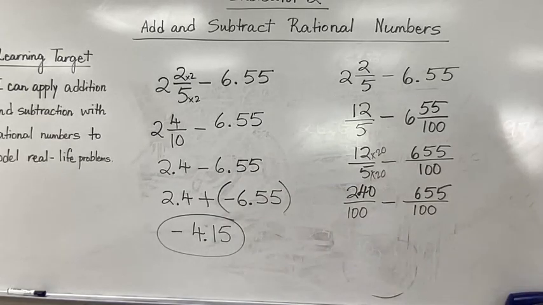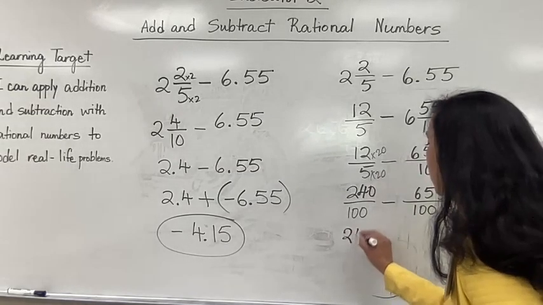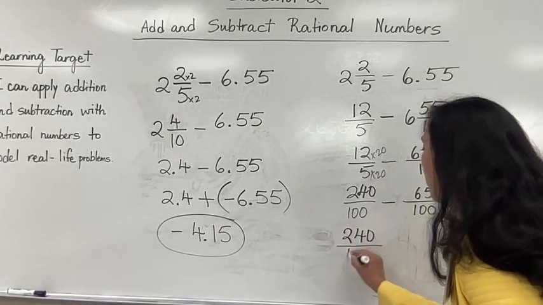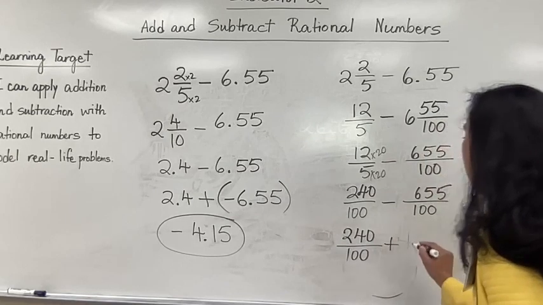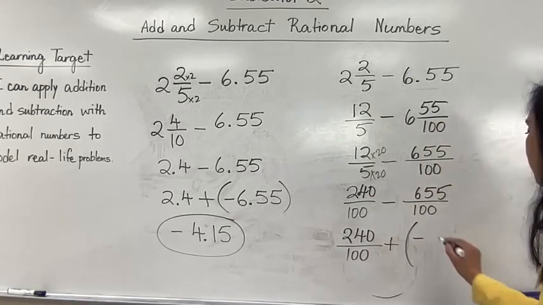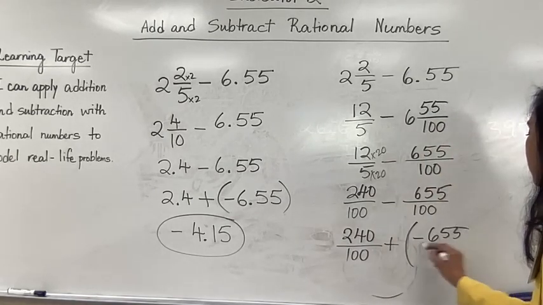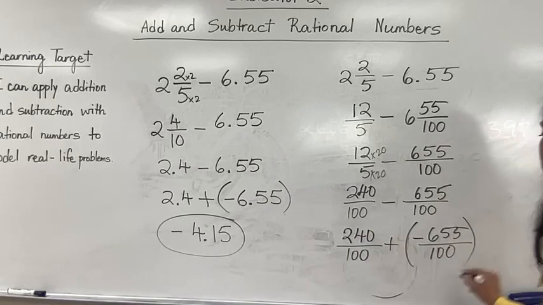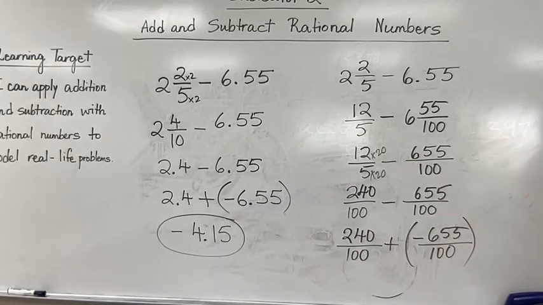Okay. And then I'm going to look at, okay, these are opposite signs. So this means 240 over 100, add the opposite. All right, so I'm going to take 655, and from there I'm going to subtract 240.